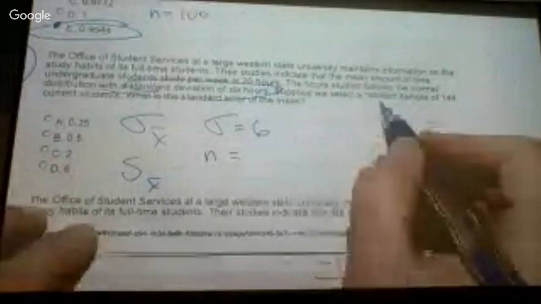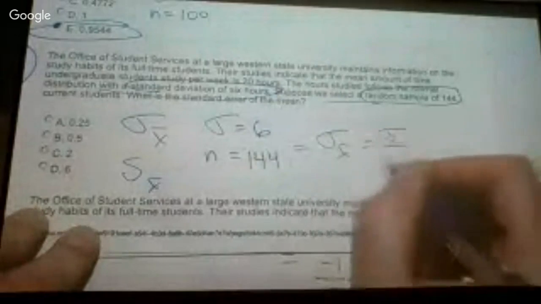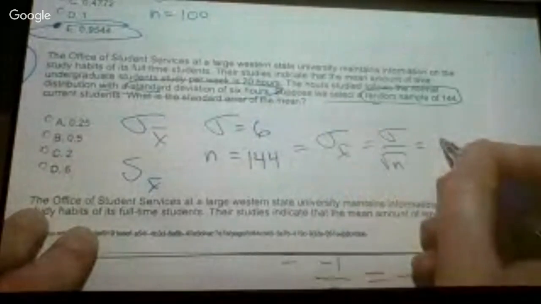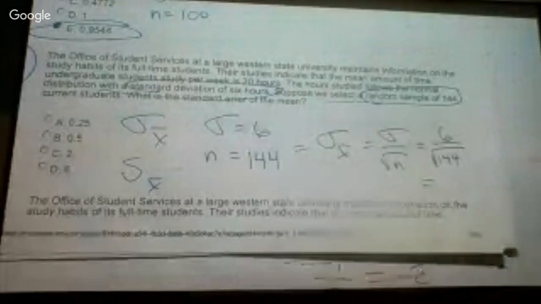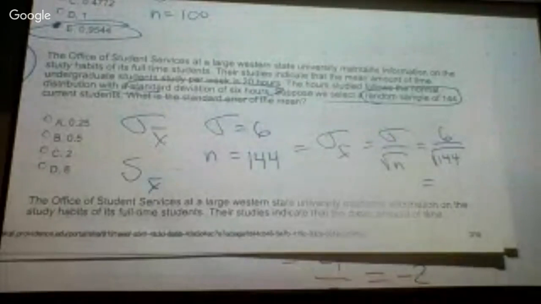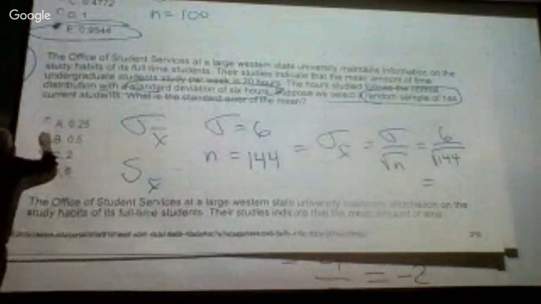It says we have a random sample of 144. And in order to calculate that, it looks like 6 over 12, or B.